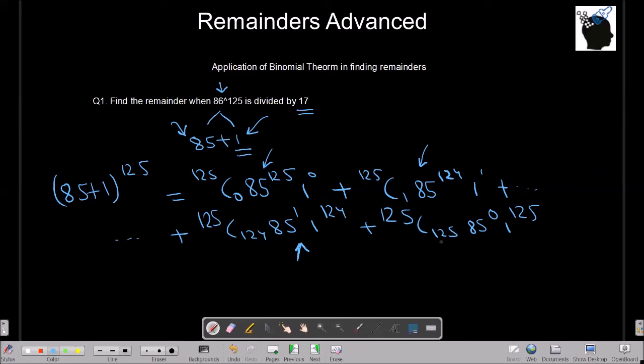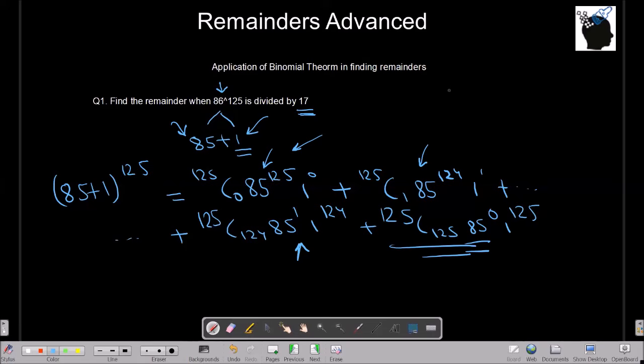Only the last term doesn't have any power of 85 because it is 85 raised to 0. So when I'm trying to divide each of these terms by 17, I know I'll get 0 as remainder because they all are multiples of 85. So my question is reduced to what is the remainder when this last term is divided by 17?